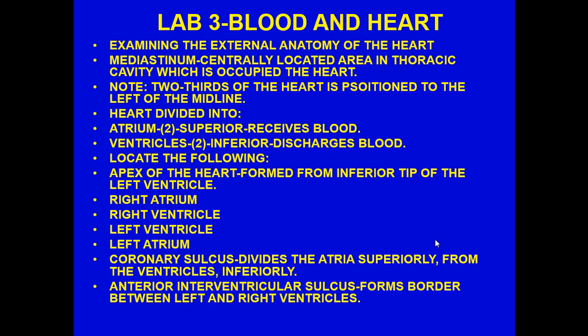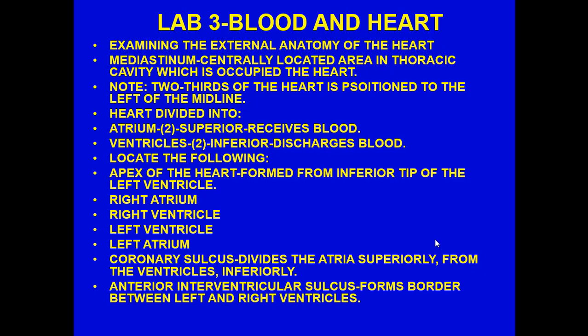The heart is divided into two atria, which are superior and receive the blood, and two ventricles, which are inferior and discharge the blood. You need to be able to locate the following, either by diagram or by model. The apex of the heart, formed from the inferior tip of the left ventricle, the right atrium, the right ventricle, the left ventricle, the left atrium.